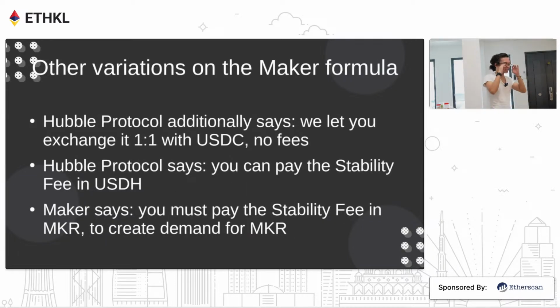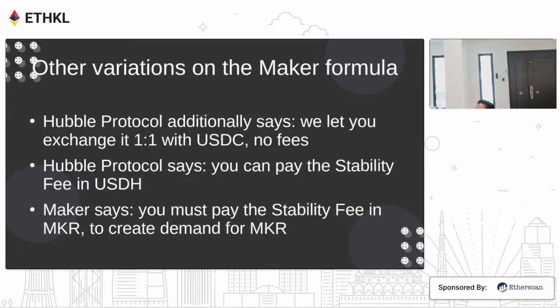Other variations on the Maker formula: Hubble protocol, they have the best explainer, which is why I feature them so much. And also I interviewed with them, so I kind of know the system. In addition to all the stuff which Maker has, they also let you exchange one-to-one with USDC with 0 fees.